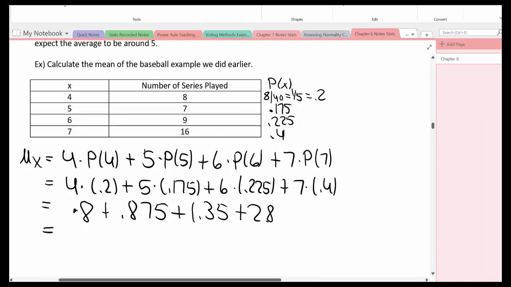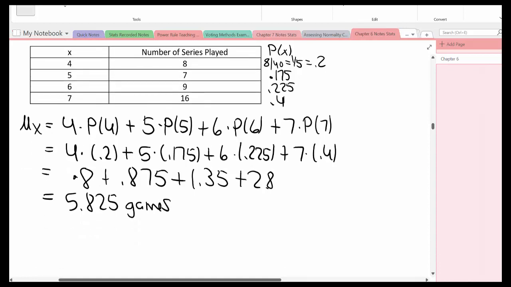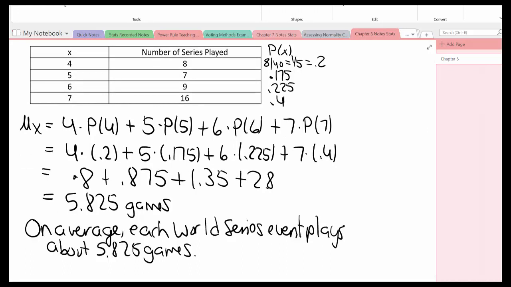And now add all the decimals. That's going to be 5 and 825 thousandths games. Now I'm going to write the interpretation for this below. On average, each World Series event plays about 5 and 825 thousandths games.